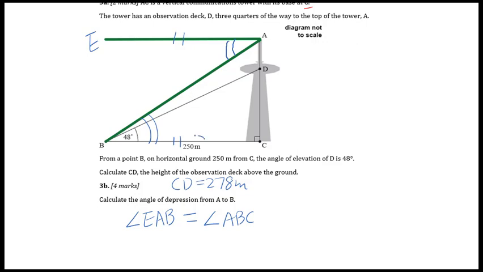We already know this side, and we know this CD is 278 meters. Look at the given information. The tower has an observation deck D 3/4 of the way to the top of the tower A. 3/4, in other words, if AC is 4, this will be 3, this is 1.